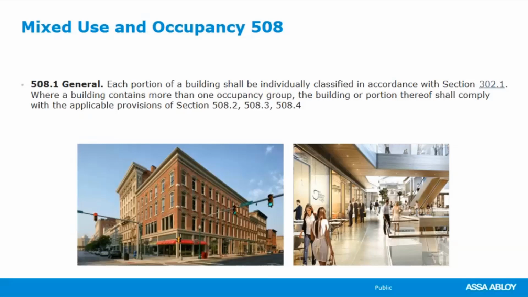But if you have a mixed occupancy and the Group A assembly is mixed together with a Group B business or a residential, you have a hotel that has a large ballroom in it, and they share the same egress components, corridors, stairs, doors, then the hardware that is selected needs to be based on the more restrictive requirements, which would be the Group A assembly occupancy.